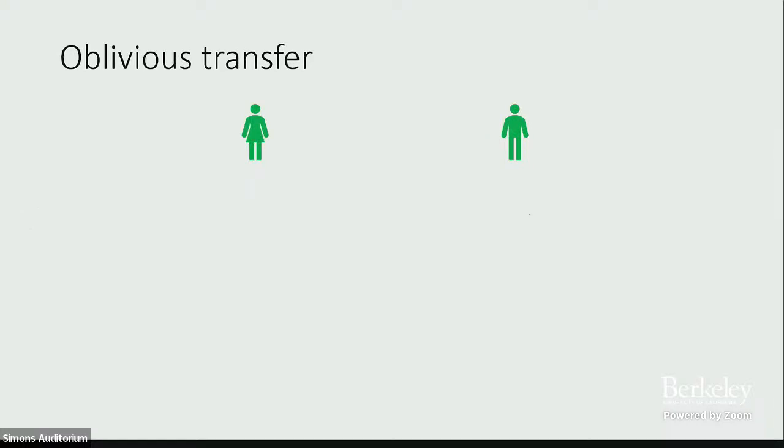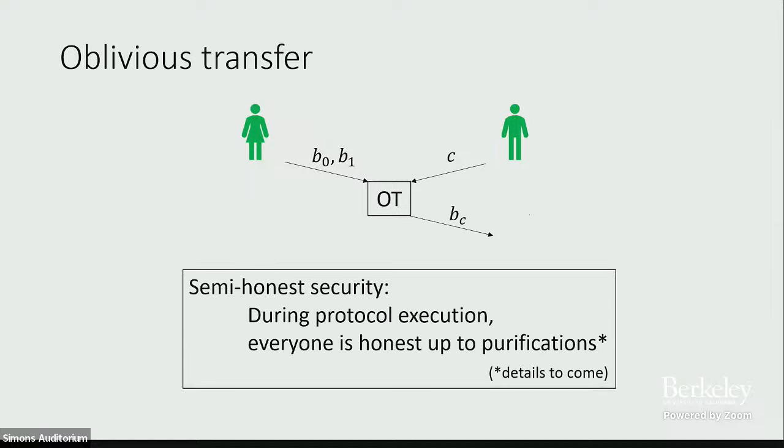So what's oblivious transfer? Let me remind you, if you managed to forget from the morning: the sender has two bits, the receiver has a choice bit, and he gets the appropriate bit from the sender. Semi-honest security means that during the protocol execution, everybody is honest except for purifications.